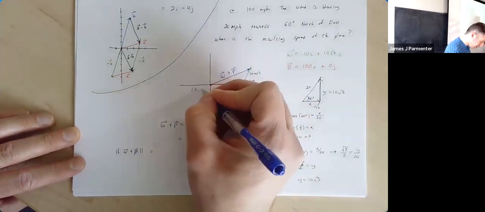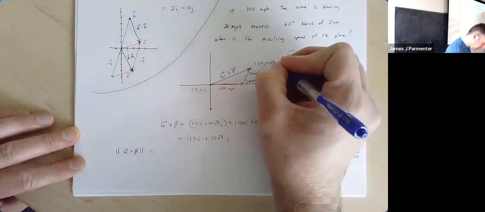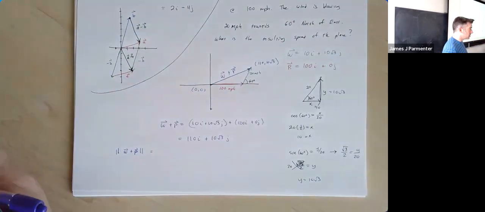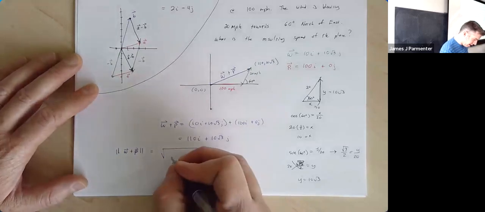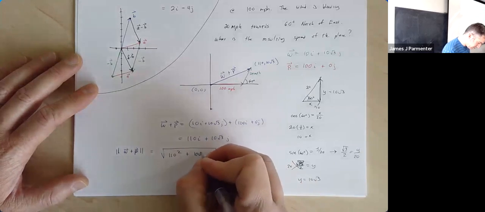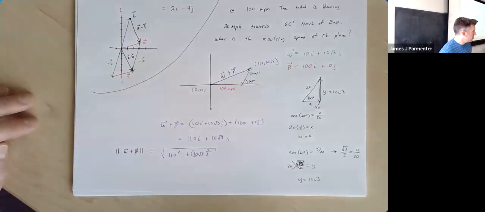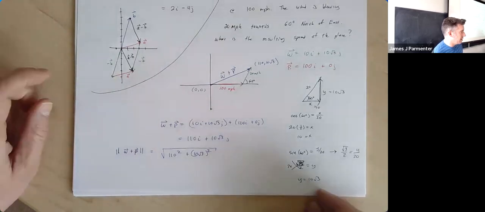So there's 0, 0. There's the point 110 comma 10 root 3. And you're just finding the distance between those two points. And that's going to be the square root of 110 minus 0 squared plus 10 root 3 minus 0 squared. But really the magnitude of a vector is just take each component, square it, add it together, take the square root.